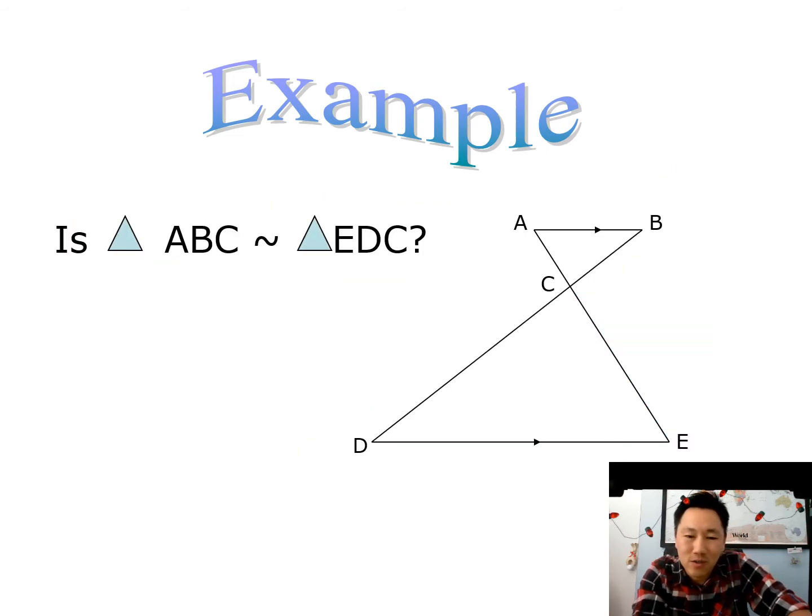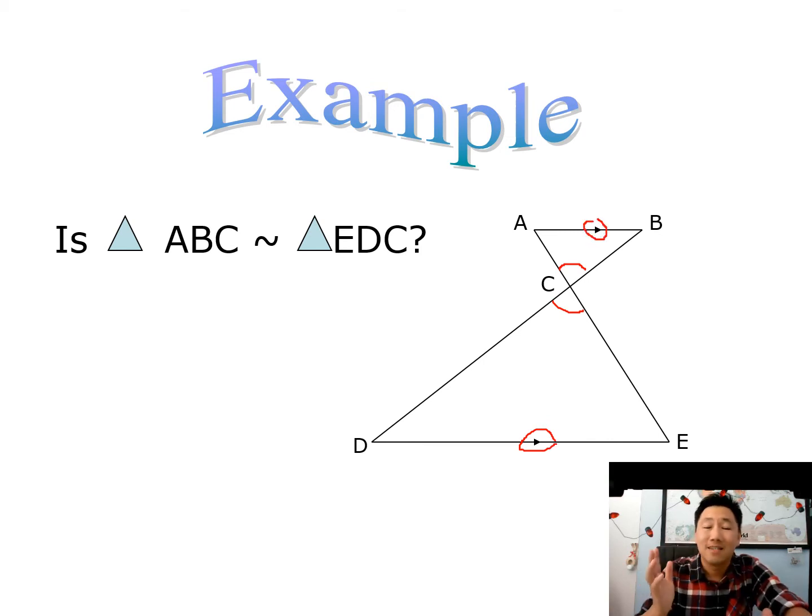What about these two triangles? Are they similar? Can we find two angles that match up? Well, most of you guys know that vertical angles, you can always mark them. So we have one pair of equal angles. Do we have another pair? Well, if you notice, these little arrow thingies mean something, and we've studied them before.